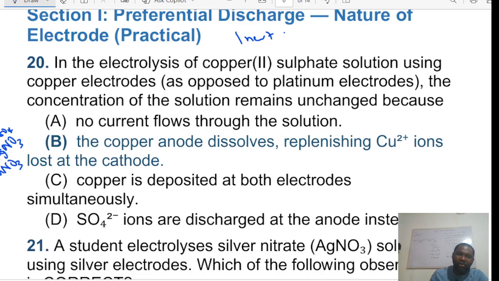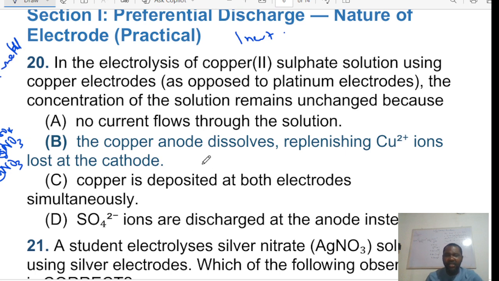In this case, there are two conditions. First of all, the solution must be a salt of any of those metals that is lower than hydrogen in the electrochemical series. Then secondly, the anode must be that metal.